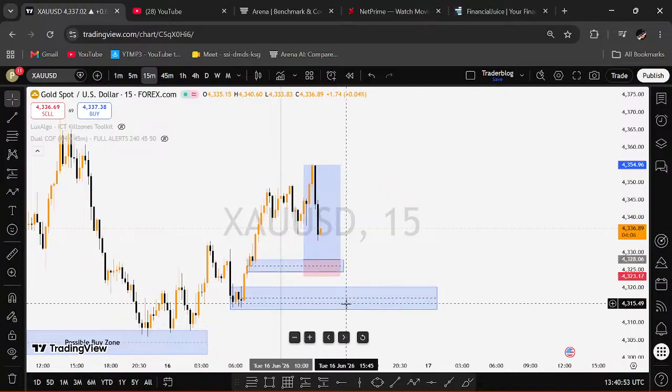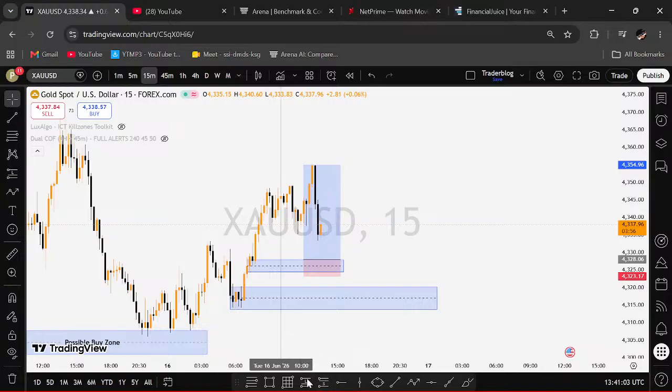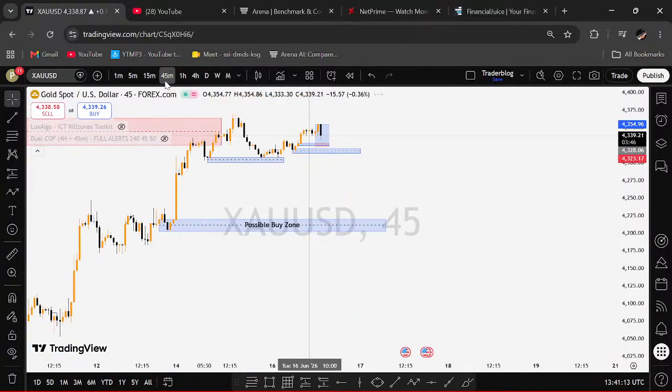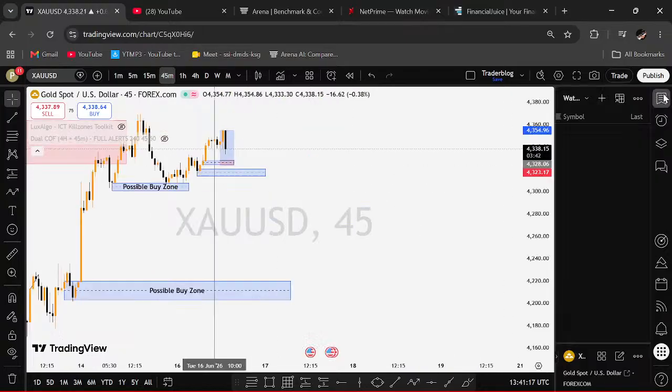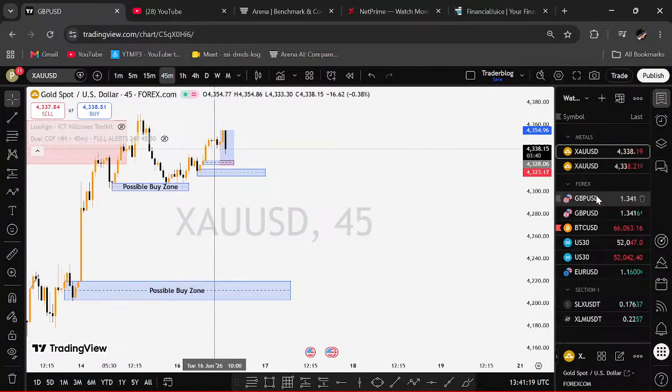And this is our second zone for buys. Okay, let's move to Gbpusd.